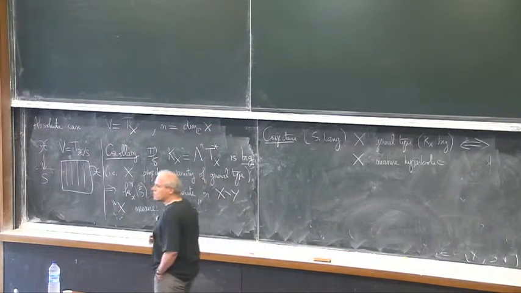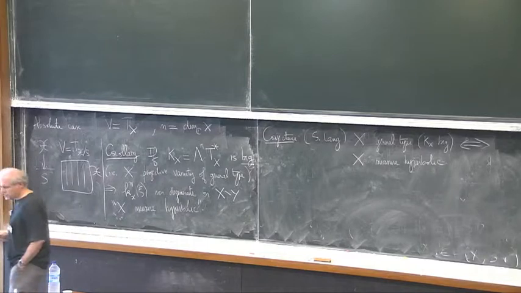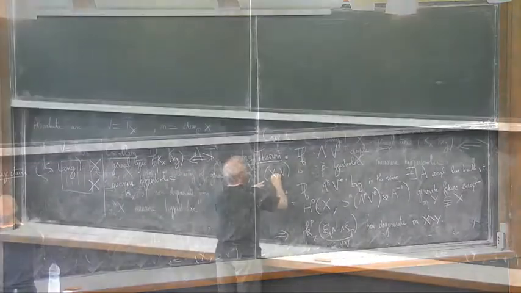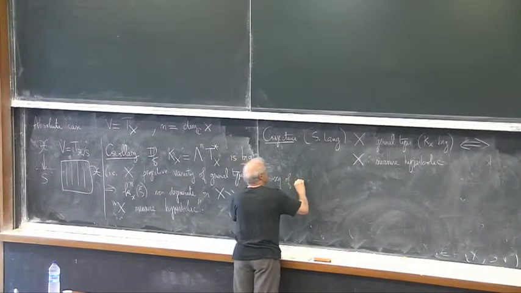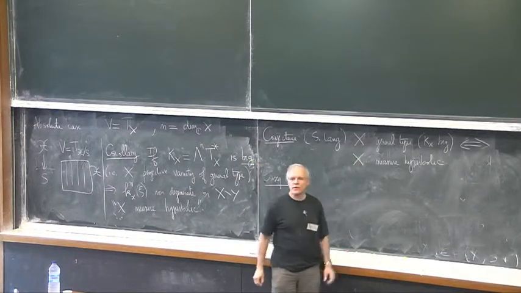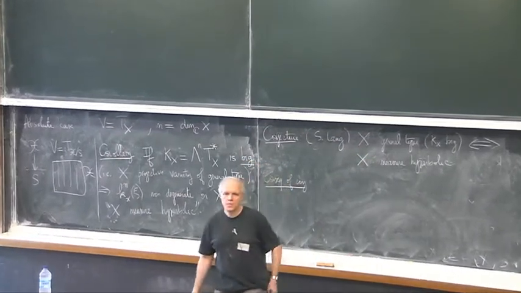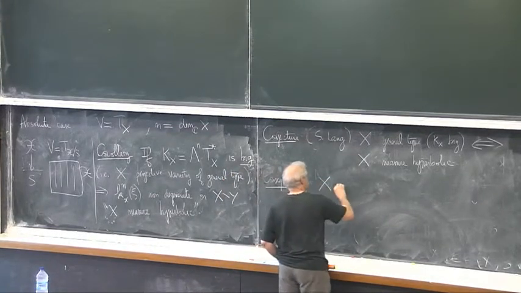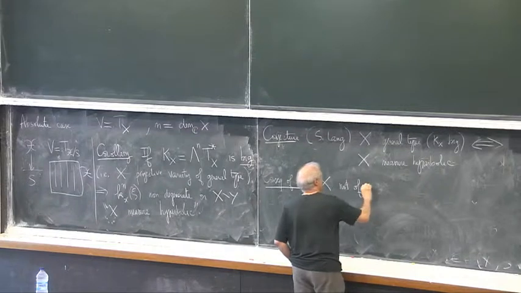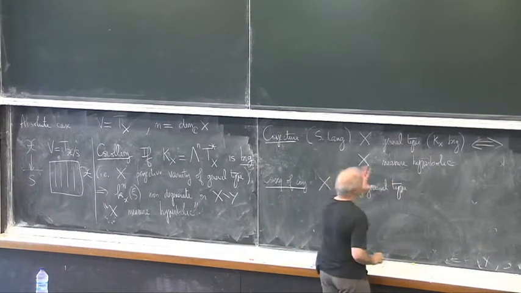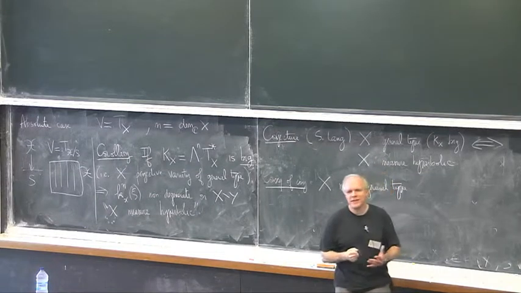Okay, so just observe that a consequence of the conjecture is that if you don't take X of general type, so if X is not of general type, then it is not measure hyperbolic, and therefore it is not hyperbolic.